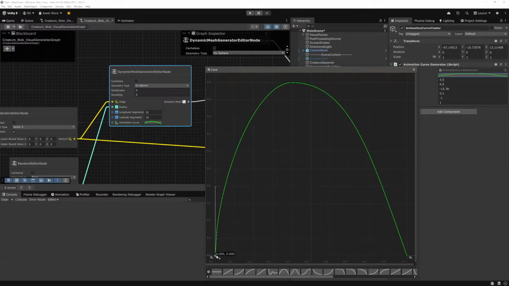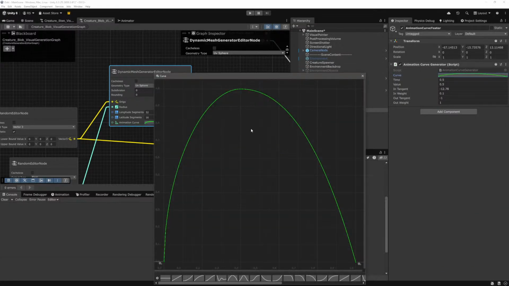I mean, this is pretty good. It's probably not as good as this one, or is it?